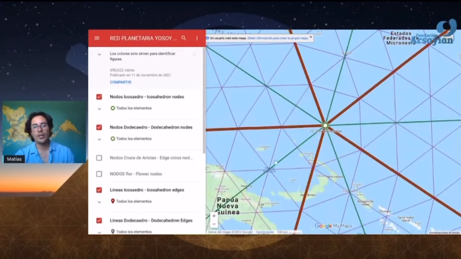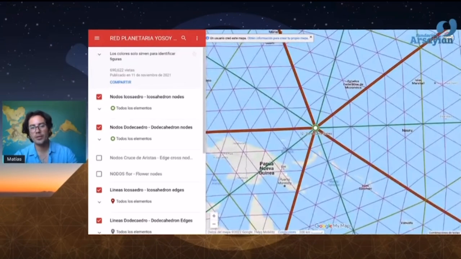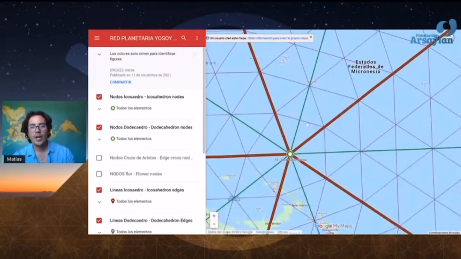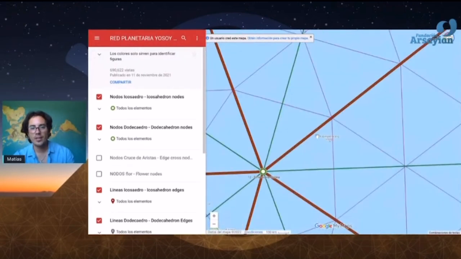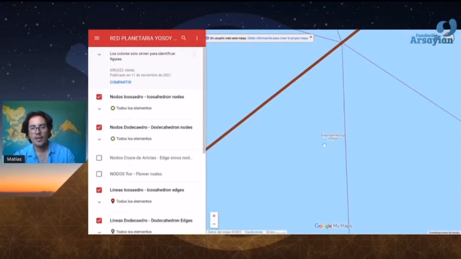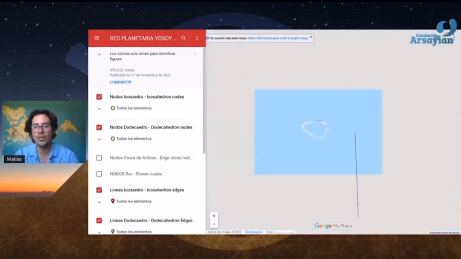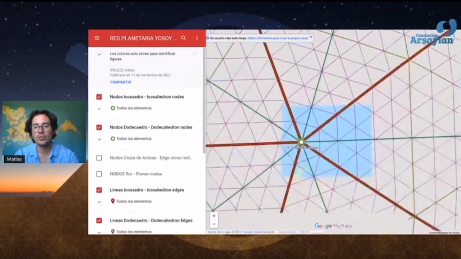This is another territory here. As you see, we are in Papua New Guinea, and the territory incorporates the island of New Ireland, which incorporates the node. But actually, we have something much closer, which is Kapingamarangi, an atoll inside and close to the node that belongs to Micronesia.